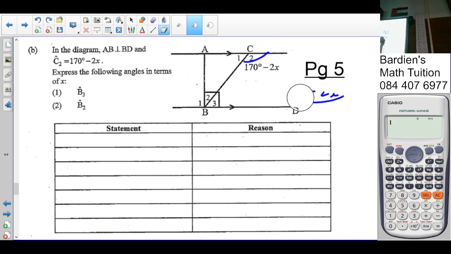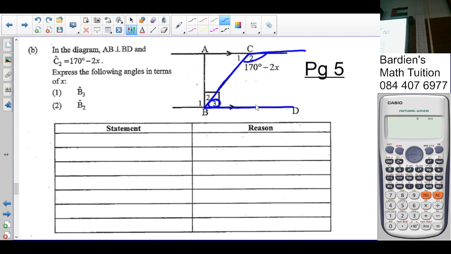So let's look at this here. B3. Here's B3. How would we have calculated B3 if C2 was any angle? So what do I say? 170 minus 2x plus B3 equals 180.